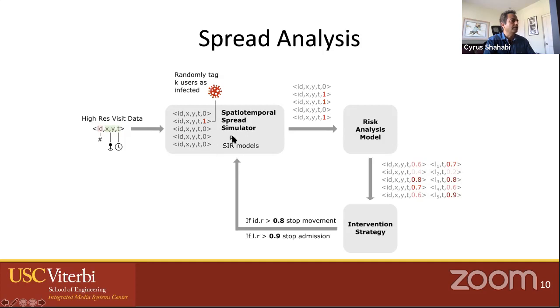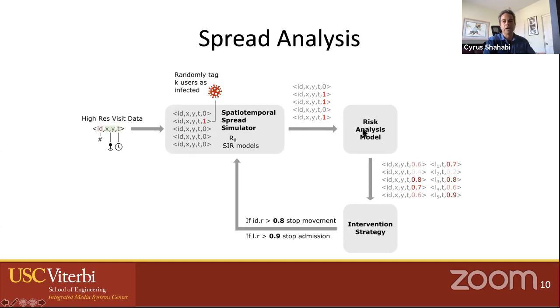Then you also have these SIR or SEIR models that tell you how the virus spreads. Using all that information, you can look back and say, if I start with, say, one person infected and they go through 2 weeks of mobility per the data you have, how many of them end up infected at the end?